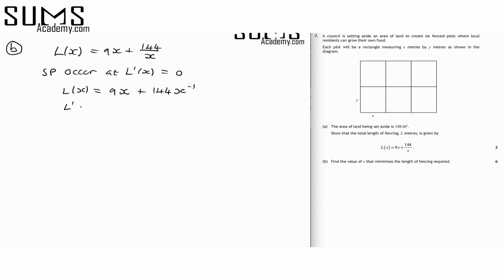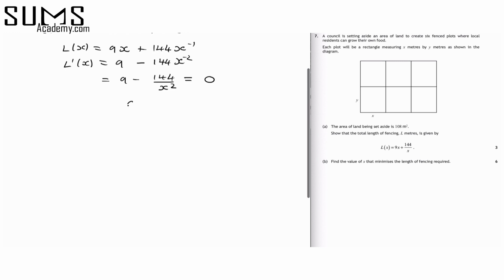Now we're working out L'(x), which becomes 9 minus 144x to the minus 2. So this becomes 9 minus 144 over x squared.